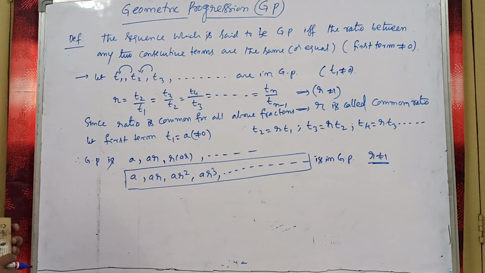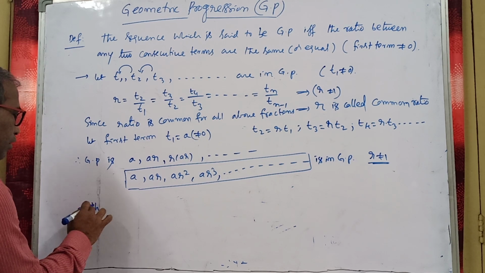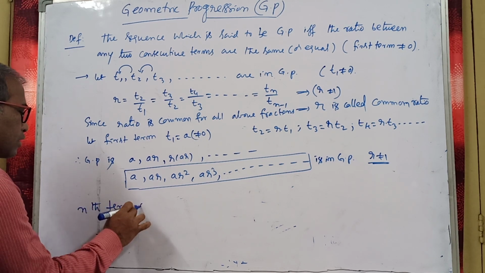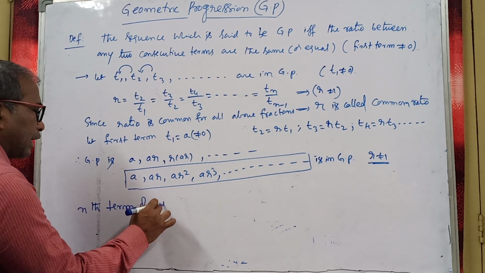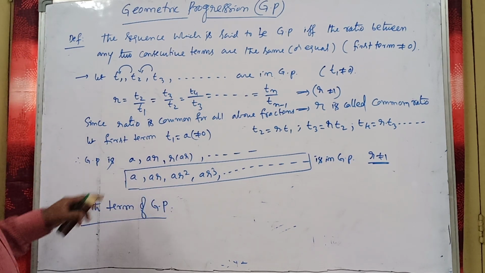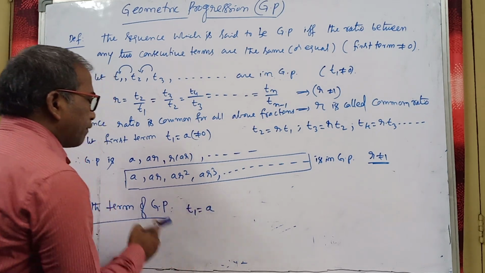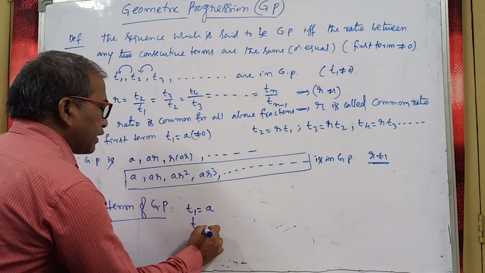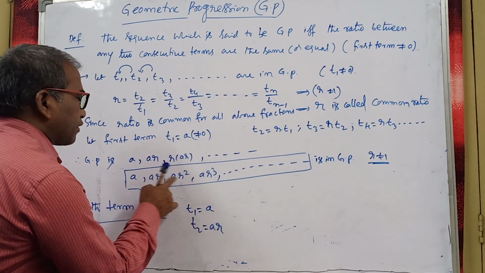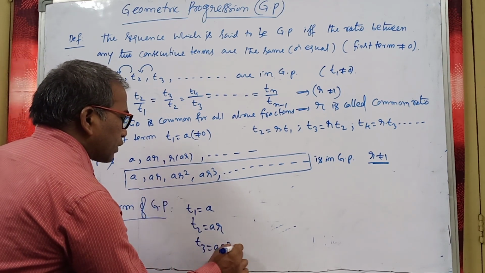Now we need to find the nth term of GP. Same way as how you found the nth term in AP. What is the first term here? T1 is equal to A. Observe: T2 is equal to AR, T3 is equal to AR square.